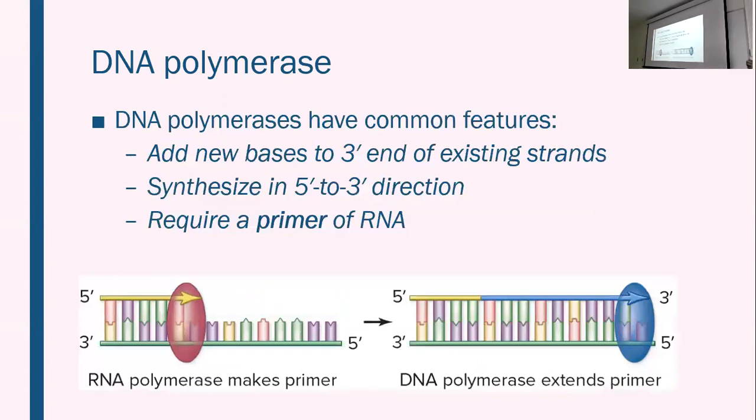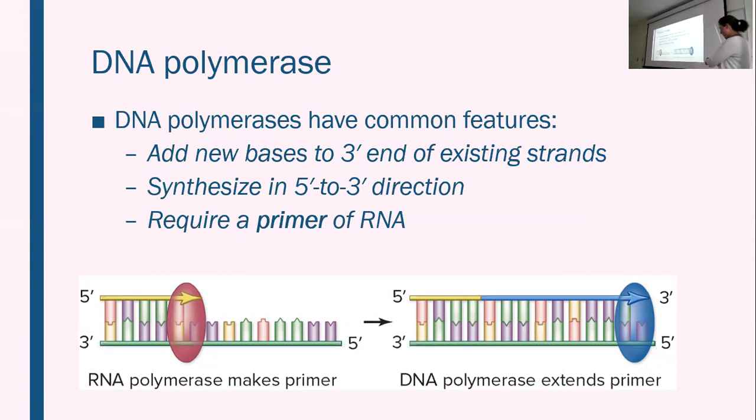DNA polymerases all have a few things in common. We're coming back to this 5' 3' situation. Again, we're moving from 5' to 3'. So all DNA polymerases are going to add their bases to the 3' end, because if I'm starting at 5', I'm adding bases on the 3' end, because the 5' is over here, 3' is over here. I'm just going to keep adding them on. So they all move from 5' to 3', and they require a primer.